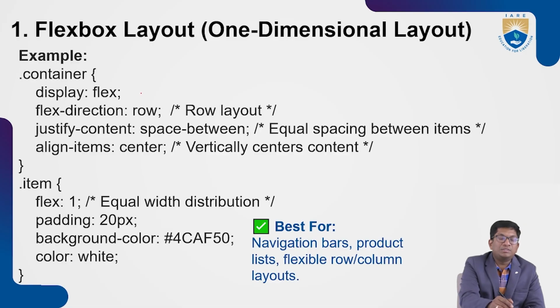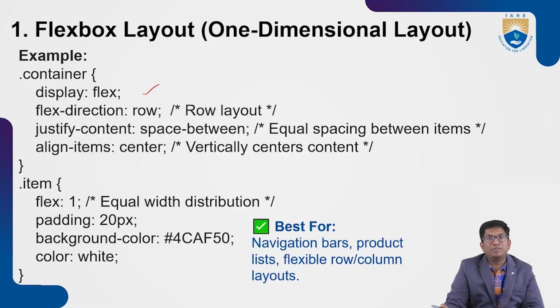Simply give display: flex. Create one section, name it container, and give it display: flex, with flex-direction row layout. This one is row; if you need columns, you can specify the column layout.